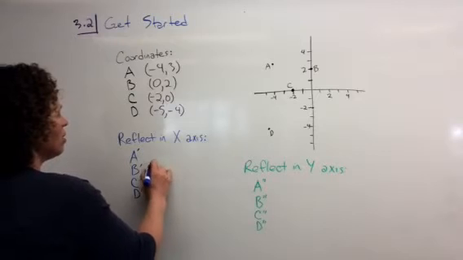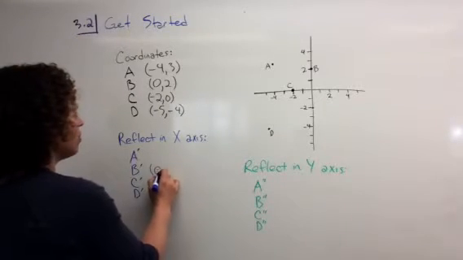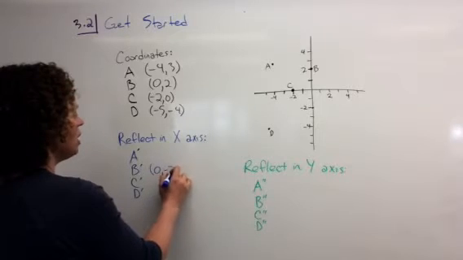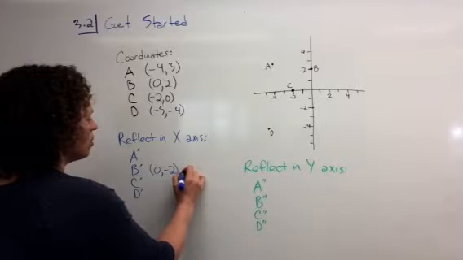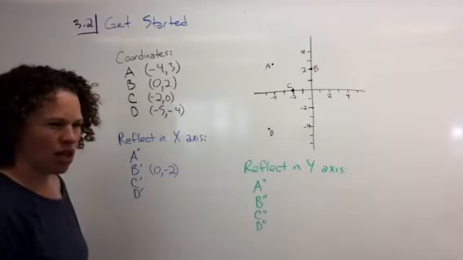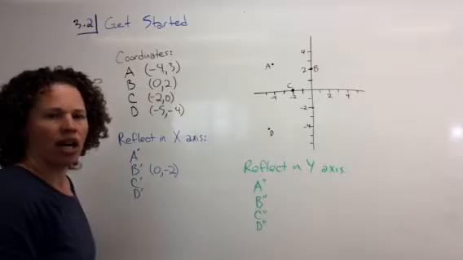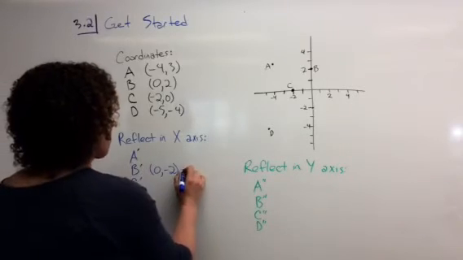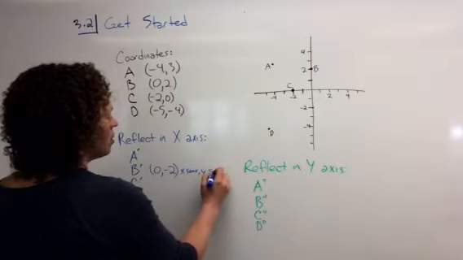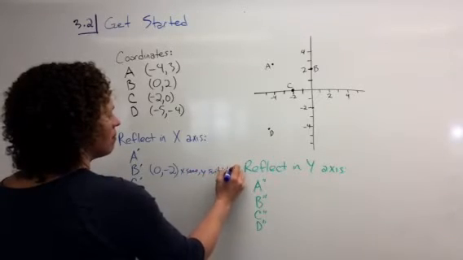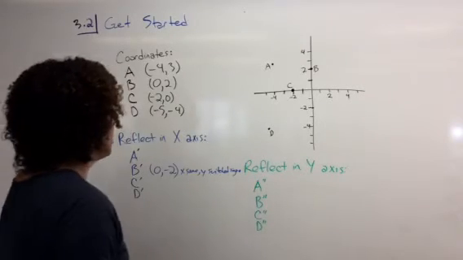So for B, I'm going to write down the new point of, it's still 0 for x, but now it's -2 instead of originally being 2. So to summarize what happened there, x was the same, y switched signs. Hopefully you can read that, it's pretty small.